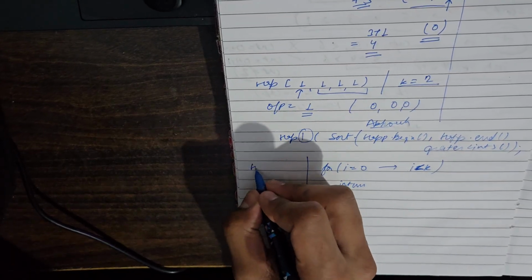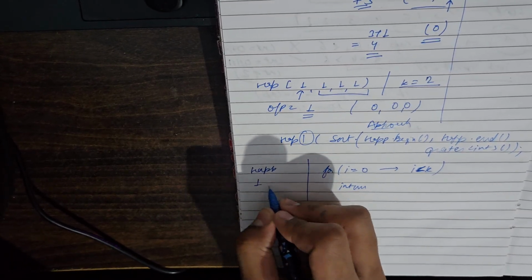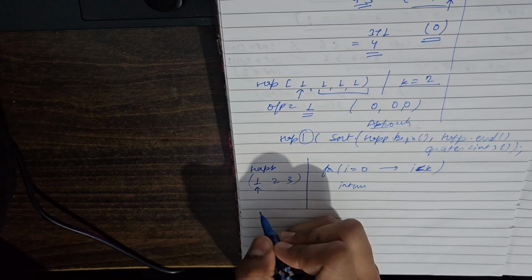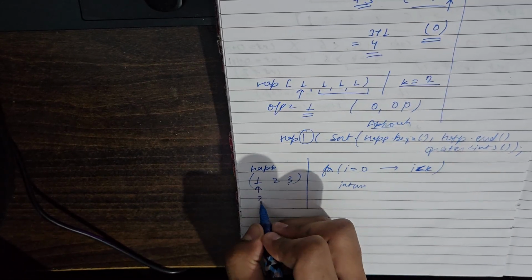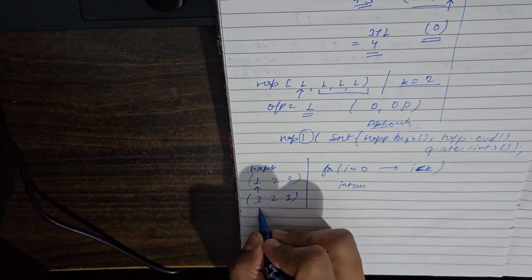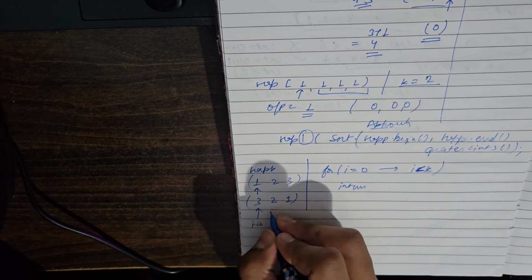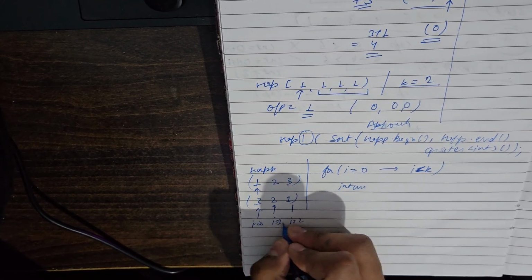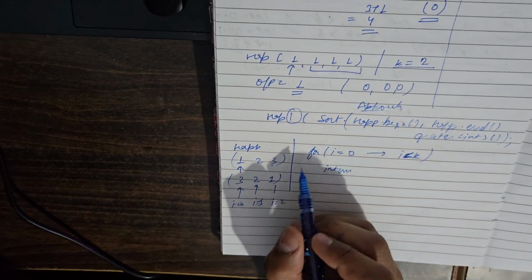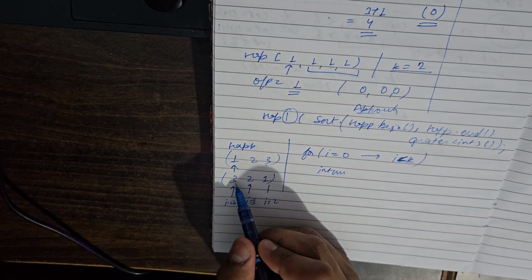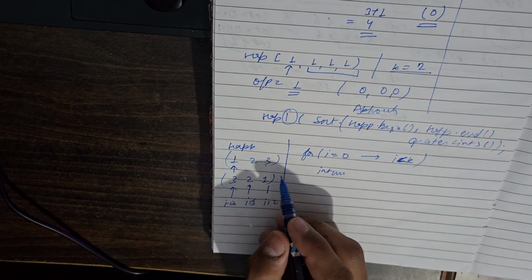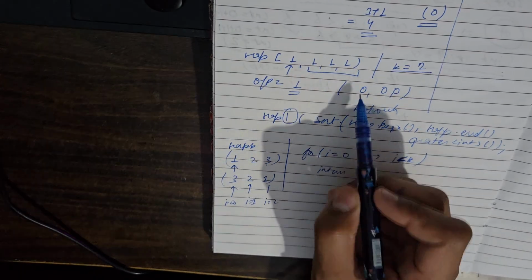For example, we have the happiness array 1, 2, 3, which after sorting becomes 3, 2, 1. So i equals 0, 1, and 2. If we see carefully, we subtract 0 from 3, we subtract 1 from 2, and we subtract 2 from 1 in further operations.